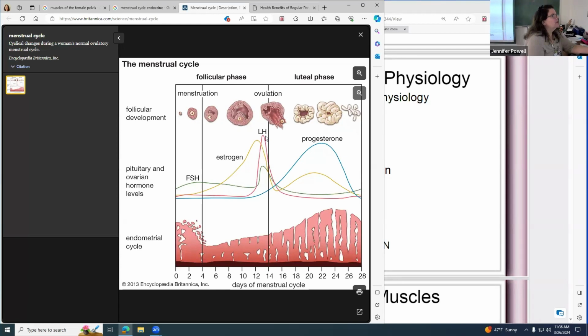And what the luteinizing hormone does is calls to the ovary to ovulate, to produce an ovum. So this is all happening simultaneously.